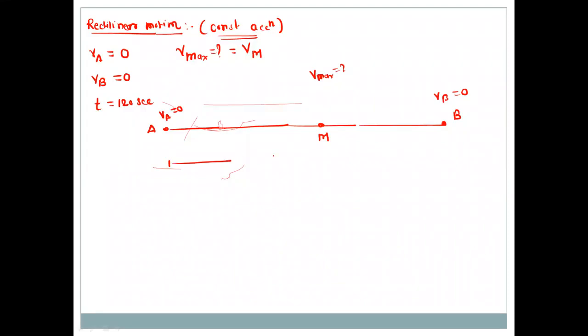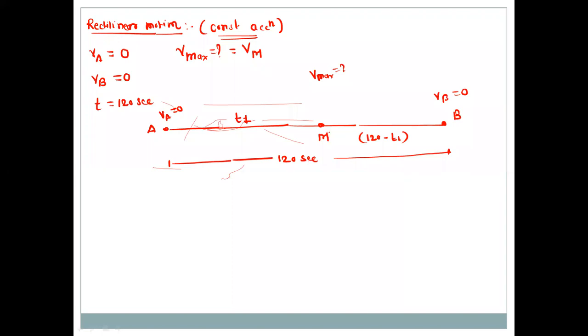So the total time is equal to 120 seconds. From A to M, we have assumed the time is t1 seconds. So the M to B time will be 120 minus t1, because the total time is 120.